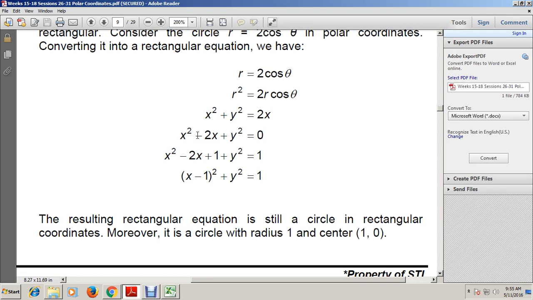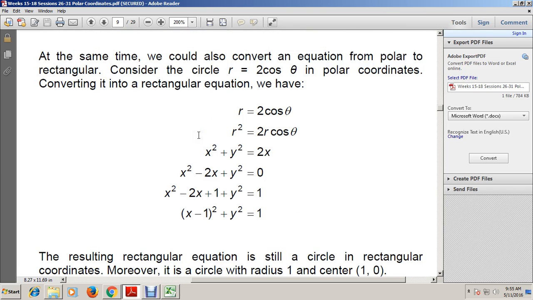Okay, so the idea here, in order to convert an equation in polar form, is to achieve the form of x squared plus y squared. If you're given r, we need to introduce r so that we can have r squared, so that we will have a pair for either sine or cosine and represent that portion as x or y.